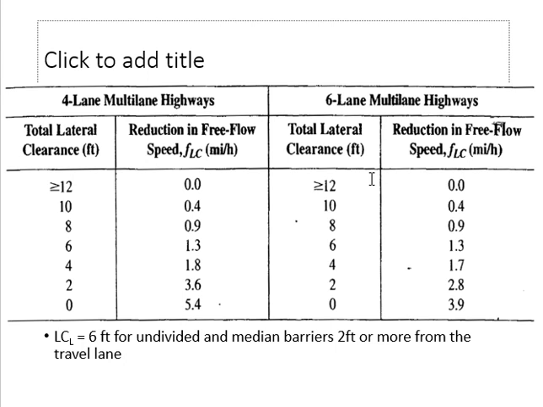So undivided highways is always 6 plus something. 6 plus the value you have on the right hand side. Got it? Clear? Any questions? So if it was 4 feet on the right hand side and it is undivided, the total will become 4 plus 6. Got it?